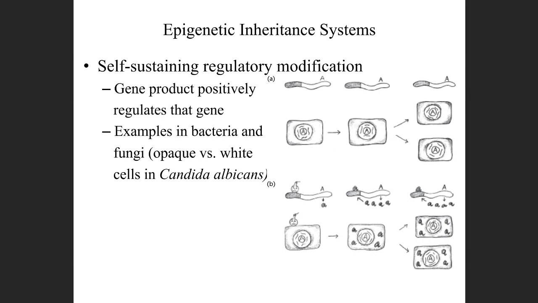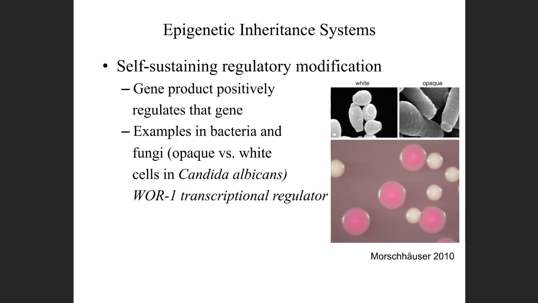It's also one that can conjugate with other opaque cells and combine genes, undergo meiosis, and produce daughter cells that are the product of that recombination, right? So that's their sexual reproduction. So here we have the two forms.